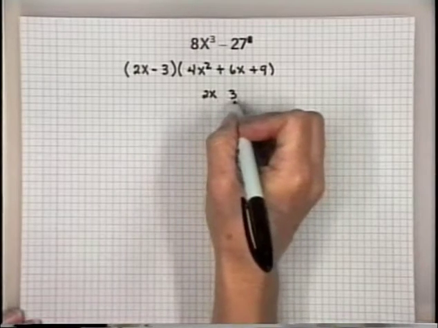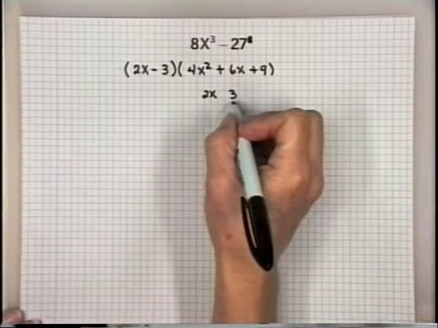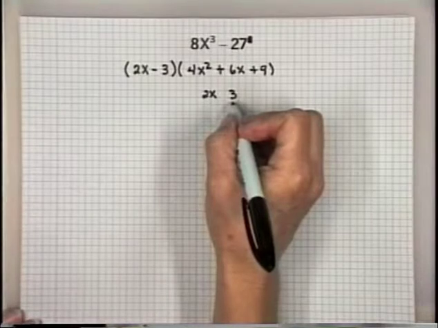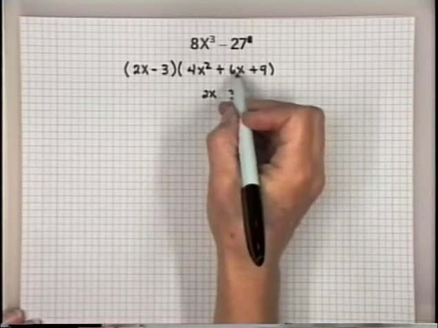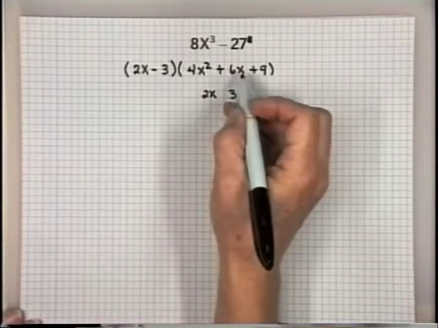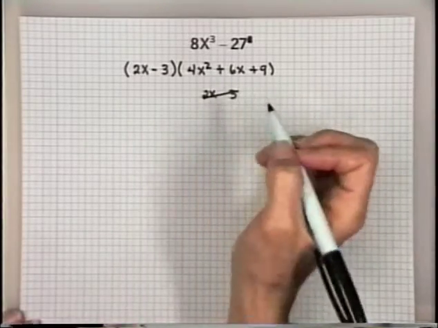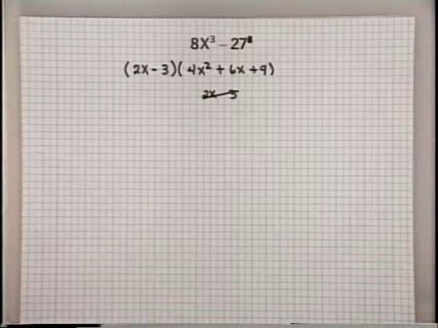If I multiply these, I get 6x. But then remember, you have to double that for a perfect square trinomial. If I double 6x, this term would have to be 12x. So since I do not have the correct middle term, I cannot factor that second factor anymore. This would be the correct factorization as we have it written here.